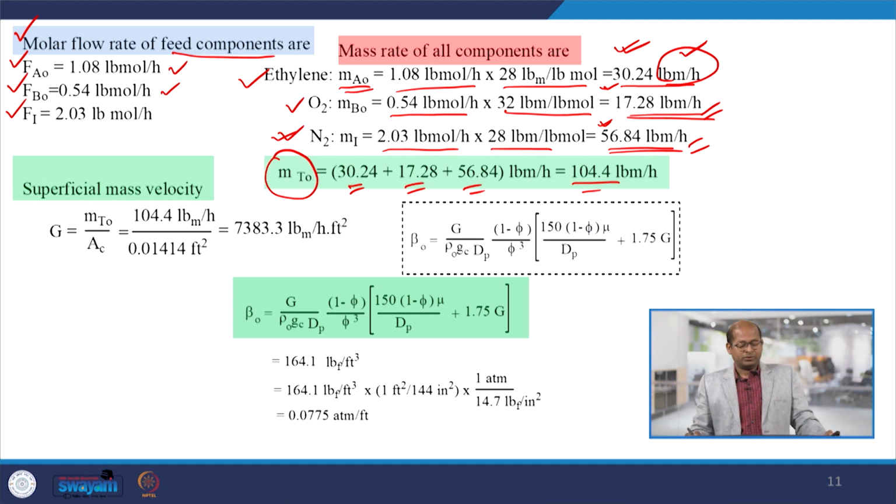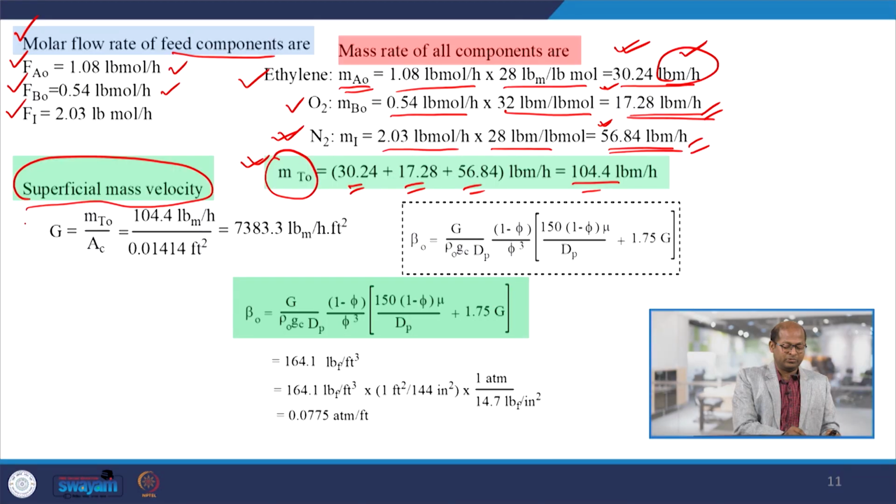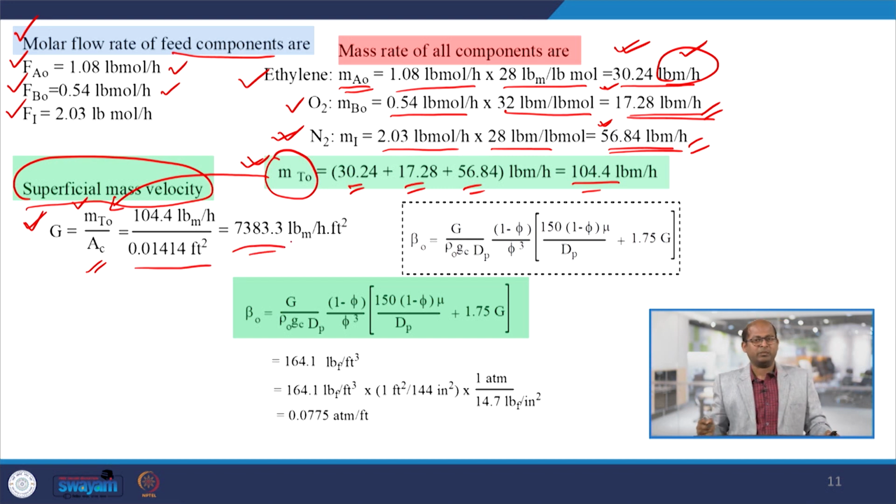Since we know the total mass rate entering, we can calculate the superficial mass velocity: G equals m dot T0 divided by Ac, the cross-section area, which we know.